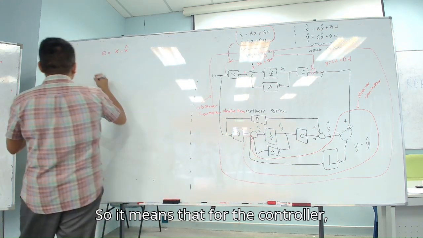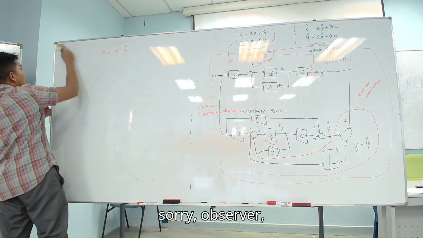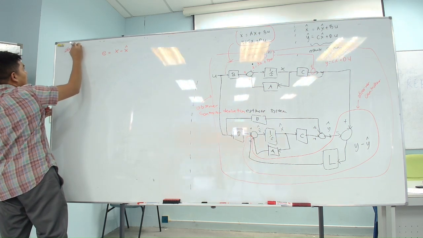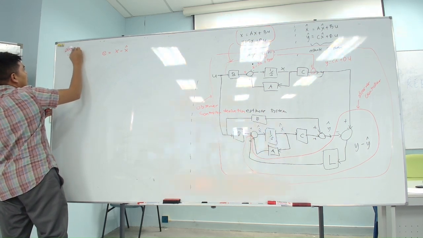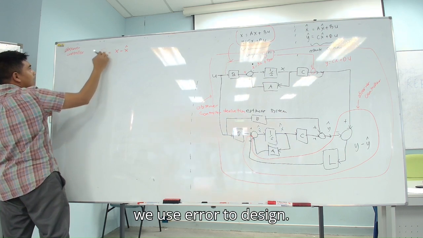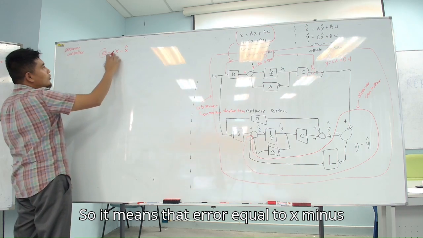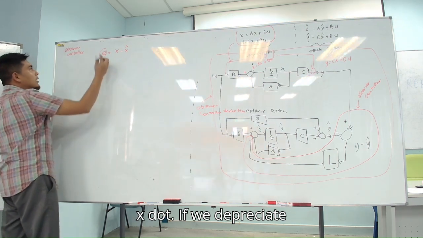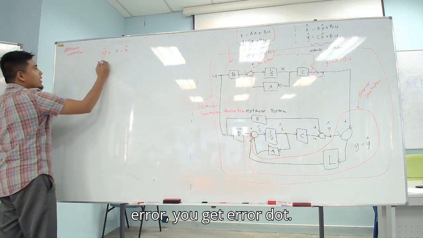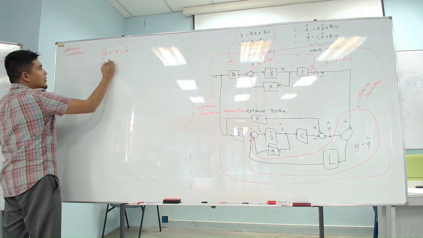So it means that for the observer controller, we use the error to design. So the error equals x minus x estimation. If we differentiate the error, you get error dot.